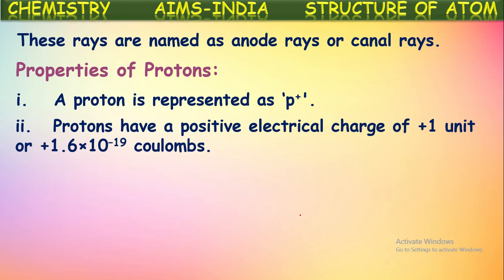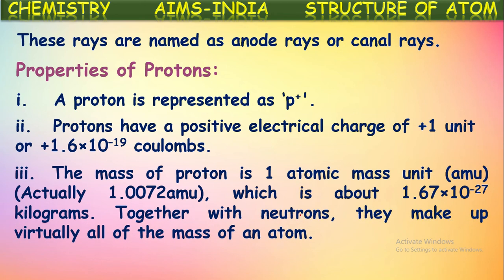The mass of a proton is 1 atomic mass unit, AMU. Actually it is not exactly 1 AMU; it is 1.0072 AMU. This is the mass of one proton, about 1.67 × 10^-27 kilograms.